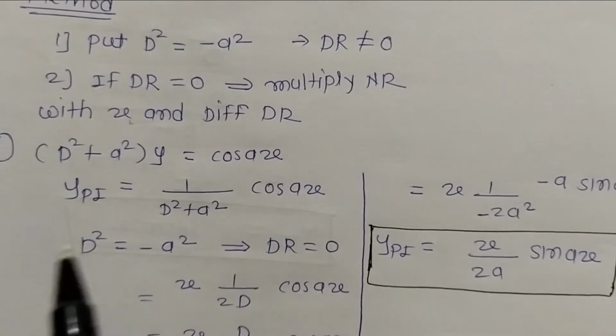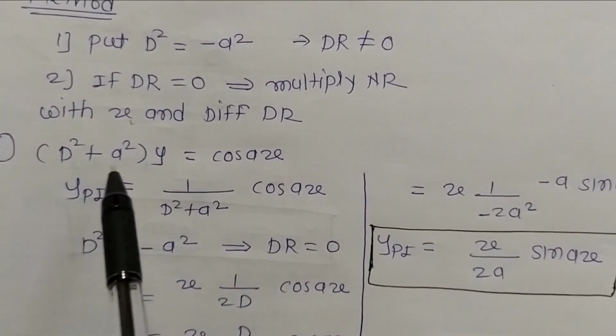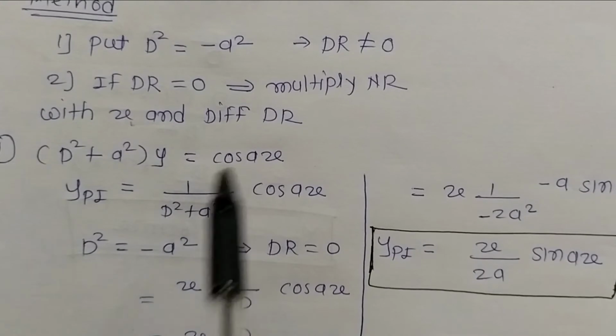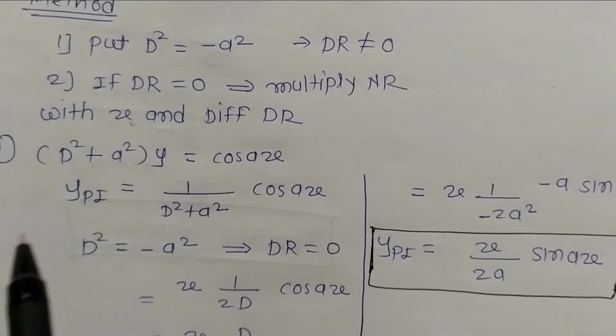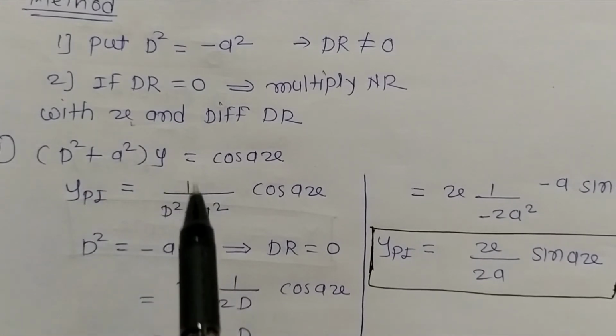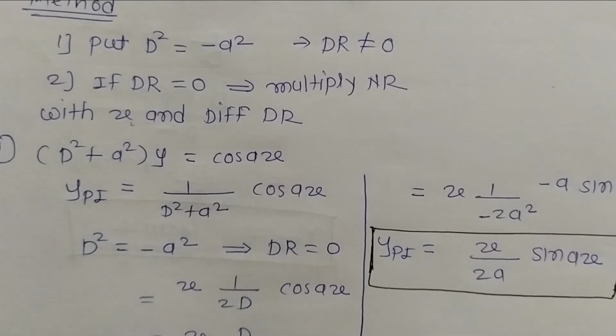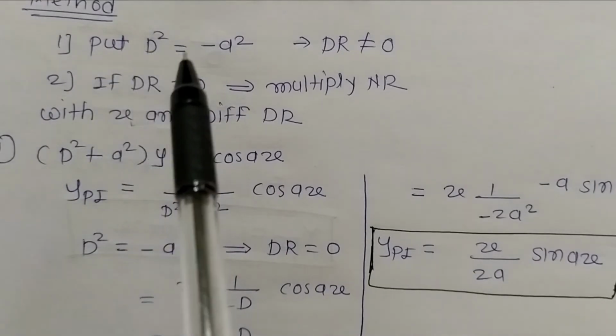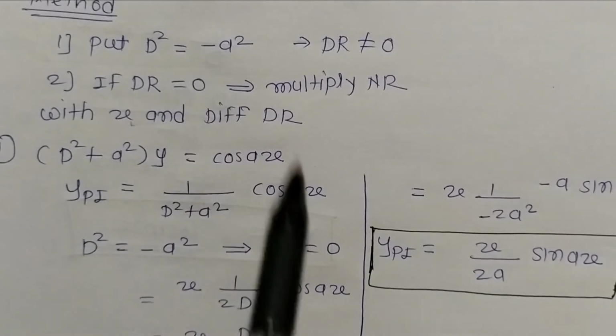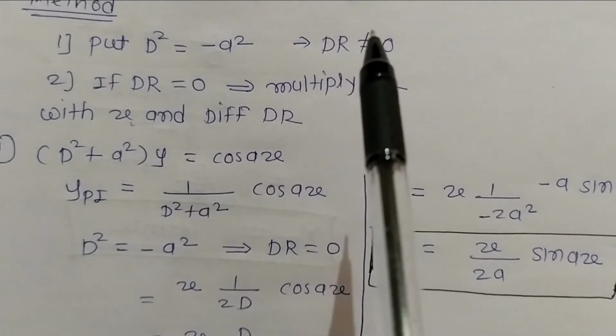Then consider the first example, (D squared plus a squared) y is equal to cos ax. So the solution of this differential equation is 1 upon (D squared plus a squared) cos ax. Here D squared we take as minus a squared, when the denominator does not become 0.